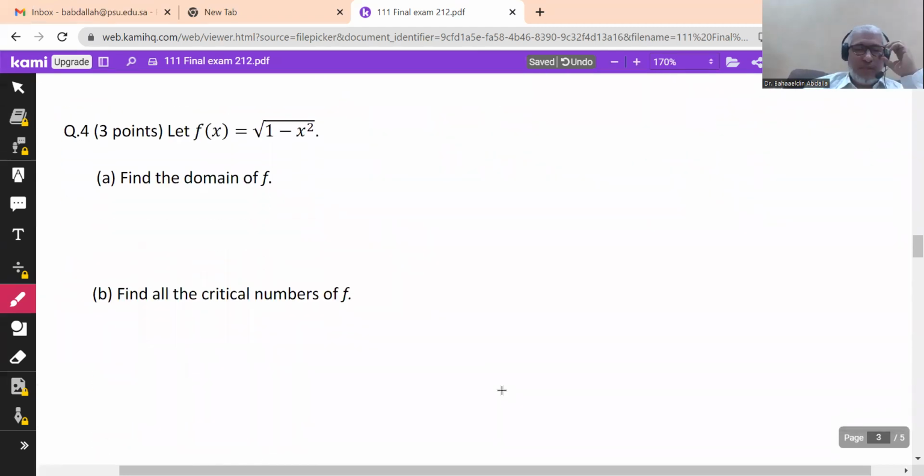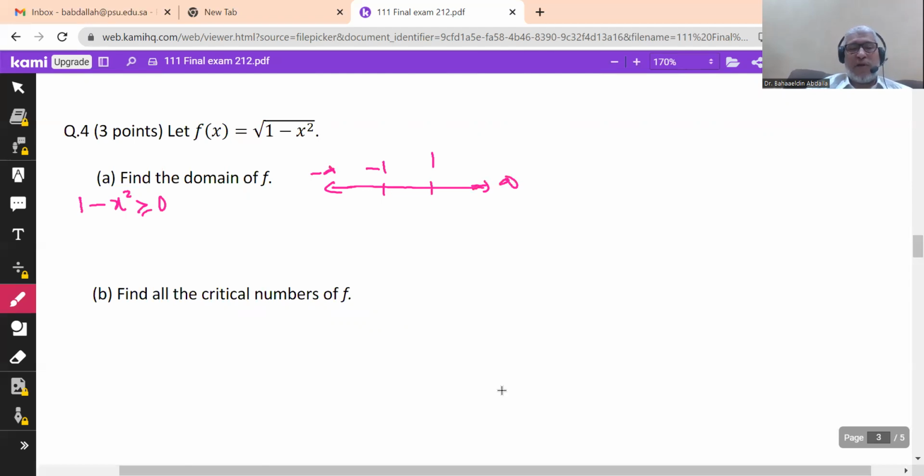The next question: this is a function f, find the domain of f. Well, this is a square root, so 1 minus x squared has to be greater than or equal to 0. To test the signs of 1 minus x squared, I find the zeros, and the zeros are negative 1 and 1. I can find the signs easily.